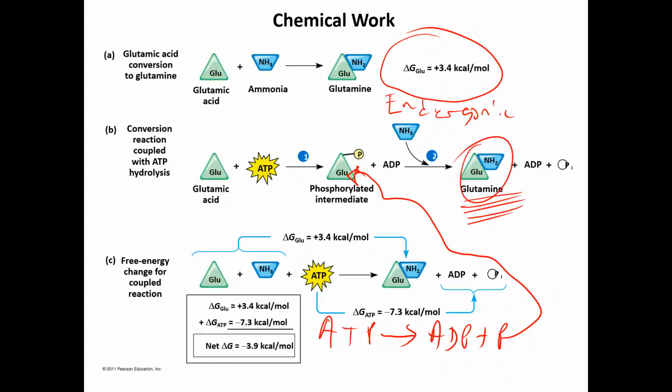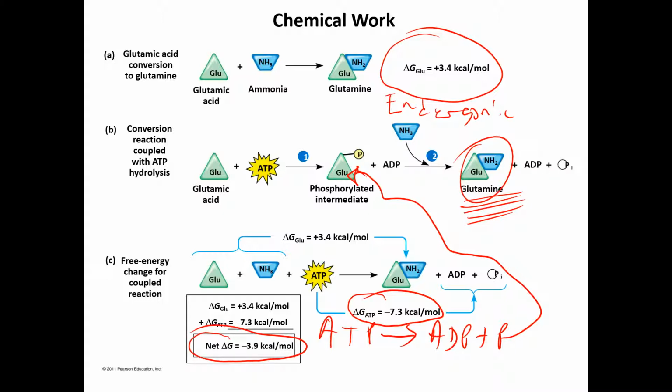But the initial hydrolysis of this phosphate releases energy in the form of negative 7.3 kilocalories. Well, if you take 3.4 plus negative 7.3 kilocalories, you get a negative delta G value.